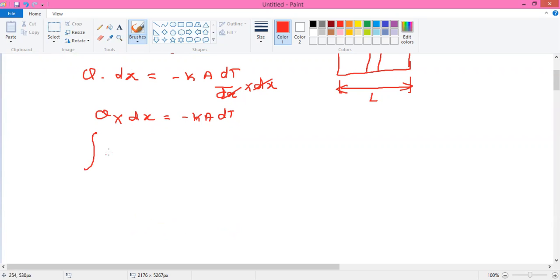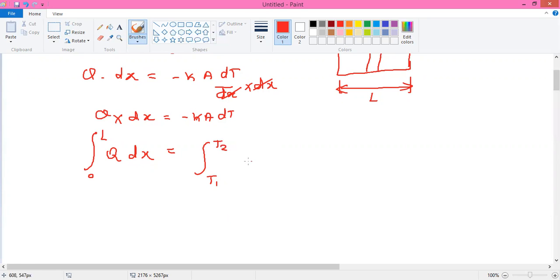The distance of the element is L, so the integration of Q dx is taken from 0 to L. On the right-hand side, the integration is from T1 to T2, since the temperature gradient is represented with the initial and final temperature.